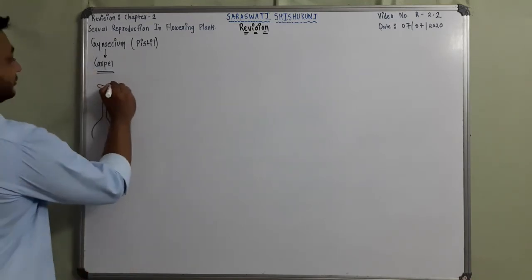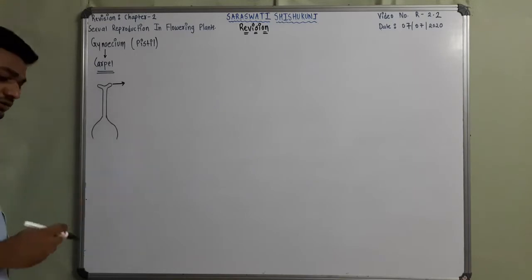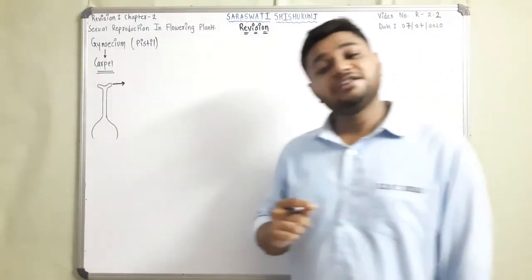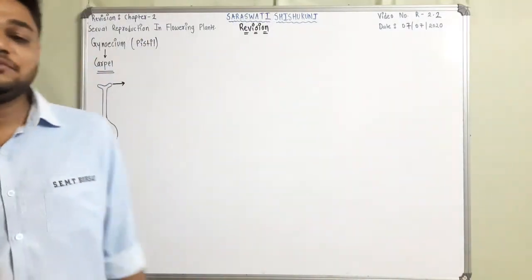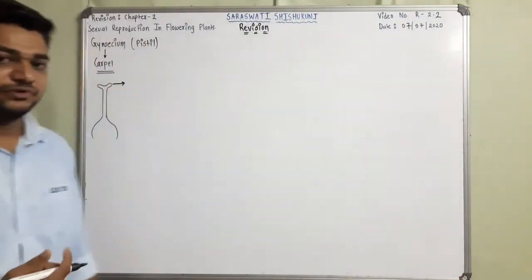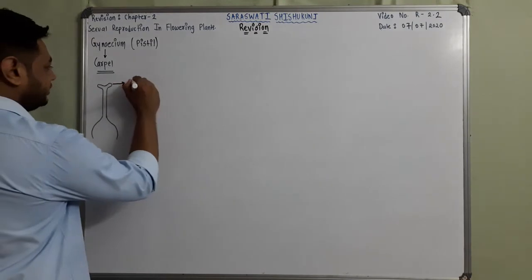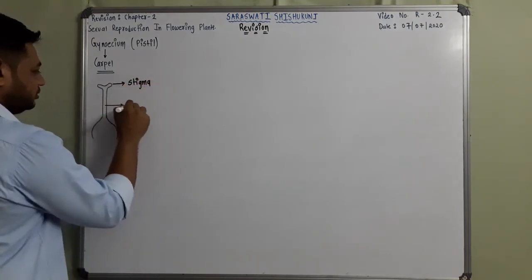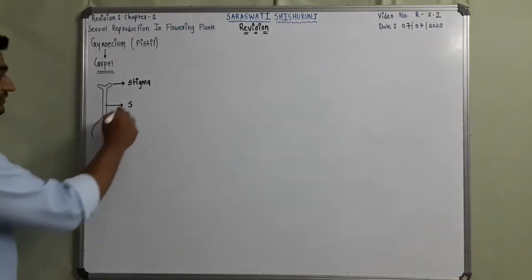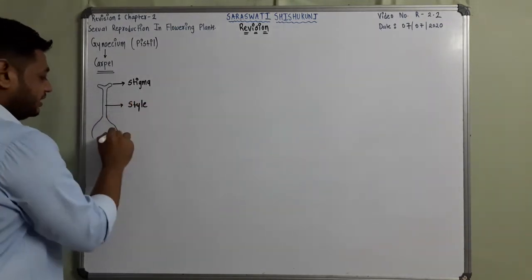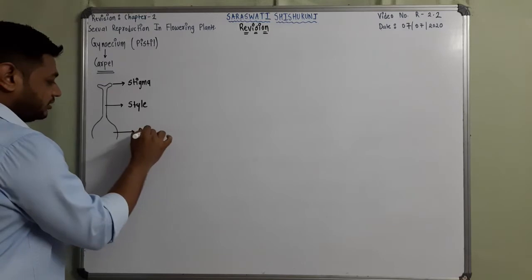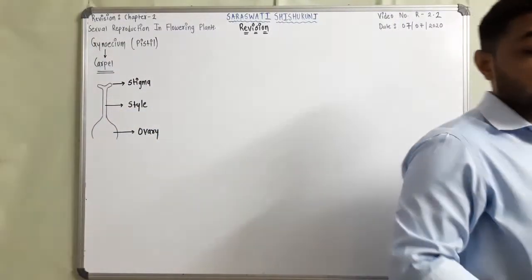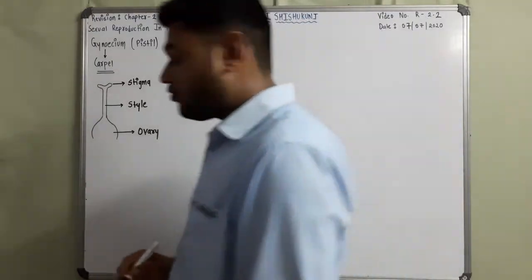Now, the parts of the carpel. The tip of the carpel where the pollen lands, that means the receptive surface for the pollen, is referred to as stigma. A slender stalk beneath the stigma is referred to as style, and the broad or swollen part at the base is referred to as ovary.